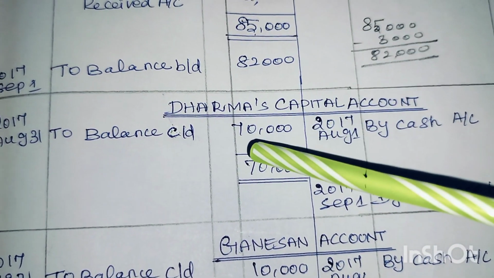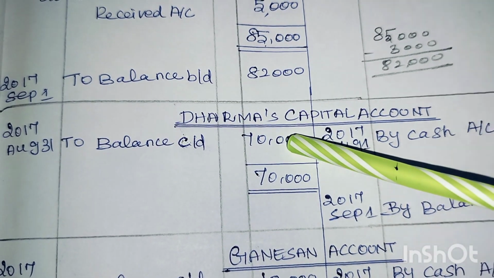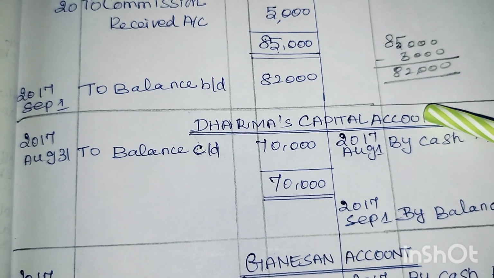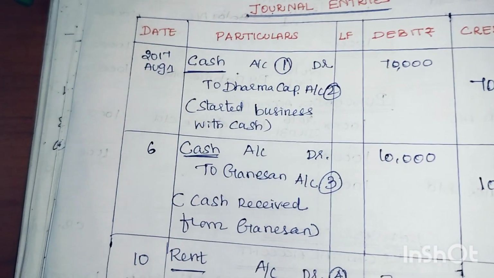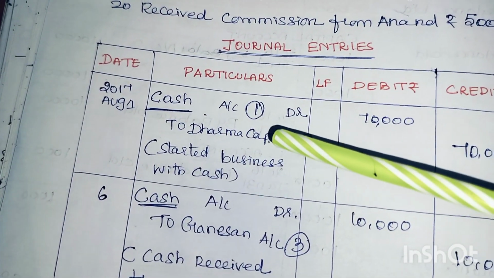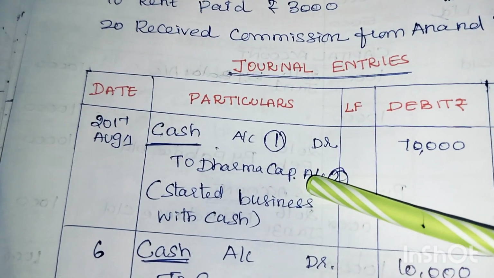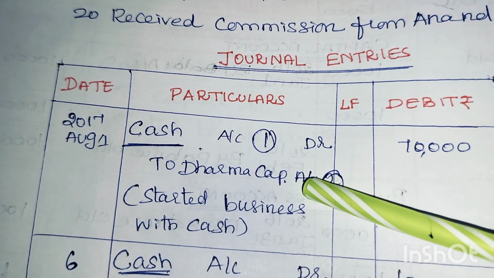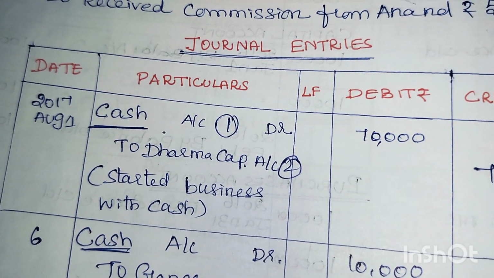What is the name of the account? Now we are going to post Dharma's capital account, written on the top middle. Then on which side does Dharma's capital account appear? It appears on the credit side. So on the ledger we go to the credit side.